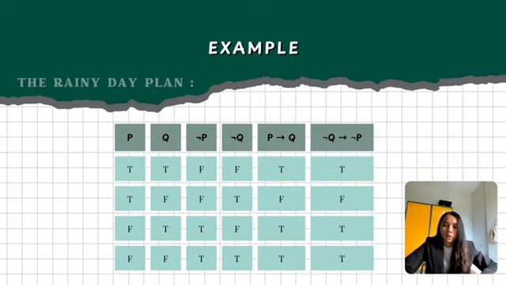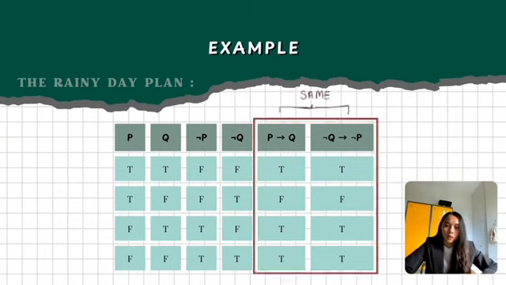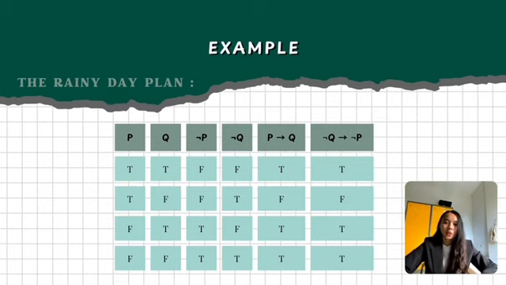If the truth values match in every row, then the two expressions are logically equivalent. As we can see here, the columns for P implies Q and not Q implies not P are identical, so they are logically equivalent. In conclusion, a truth table like this makes it easy to visually verify whether two logical statements are equivalent.